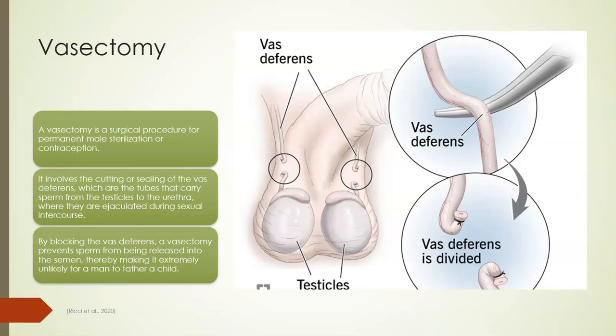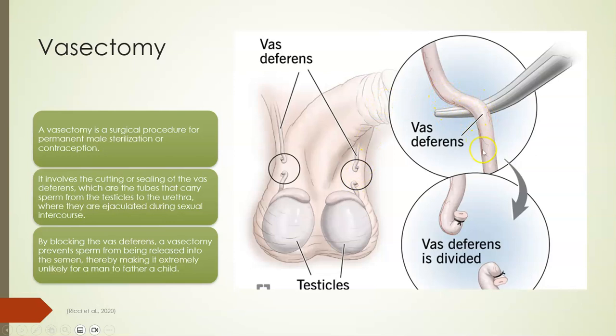It involves cutting or sealing the vas deferens, which is a tube that carries the sperm from the testicle to the urethra where they are ejaculated during sex. So by blocking the vas deferens, a vasectomy prevents sperm from being released into the semen, making it extremely unlikely for a man to father a child.